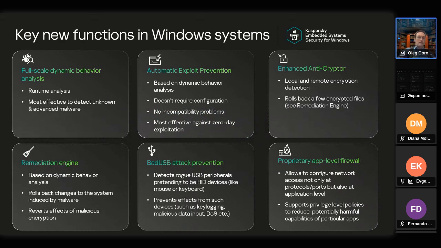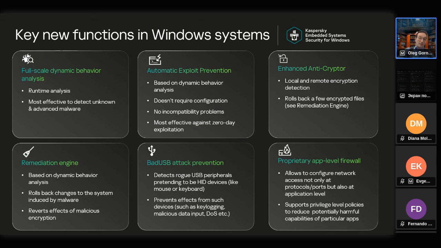This technology is considered arguably the most powerful for detection of unknown and sophisticated malware, and now we have it on embedded systems as well. Previously, in the previous version, there was only a kind of emulative sandboxing.